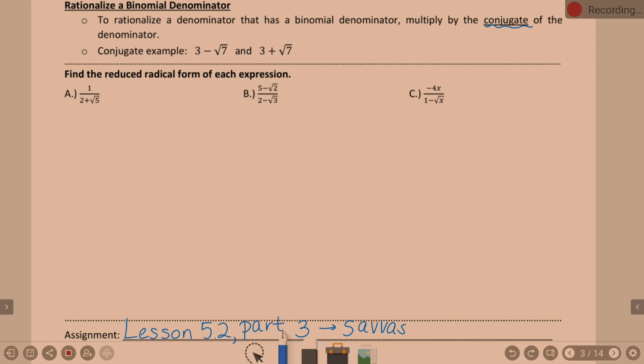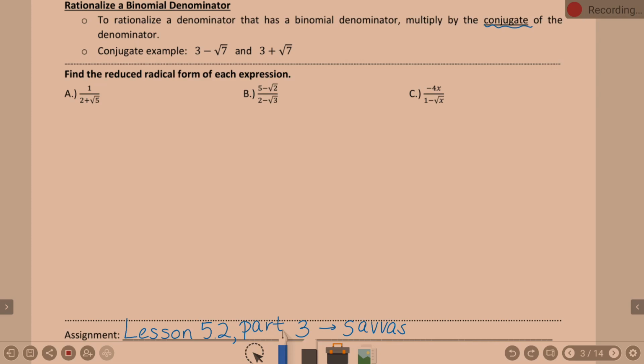So let's look at A. We have 1 over 2 plus square root of 5. As that fraction stands, can I simplify it? Not really. Can I leave that radical in the denominator? No, of course not.